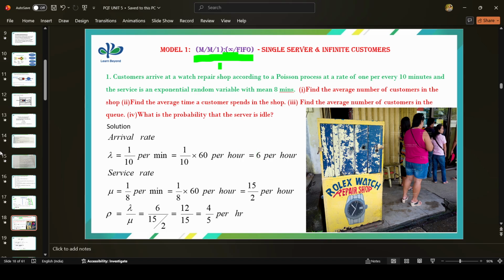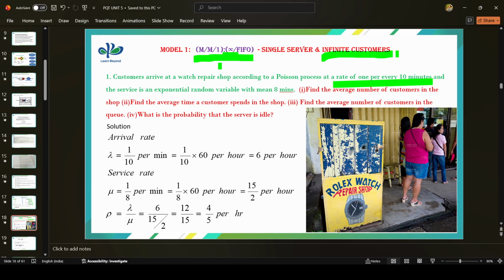In this problem, there is no explanation for the customers. The whole problem speaks only about the customers arriving at a watch repair shop at the rate of 1 per every 10 minutes. They didn't mention how many customers are arriving in this shop, so we consider this as an infinite customers problem.